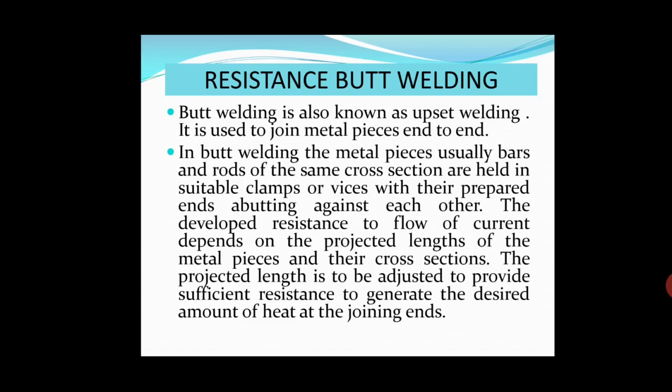This means the two ends which are to be joined require end preparation: cleaning and preparing the ends so that both rods have the same cross section at the end. These prepared pieces are held in suitable clamps, then one piece moves towards the other and they come in contact with each other.